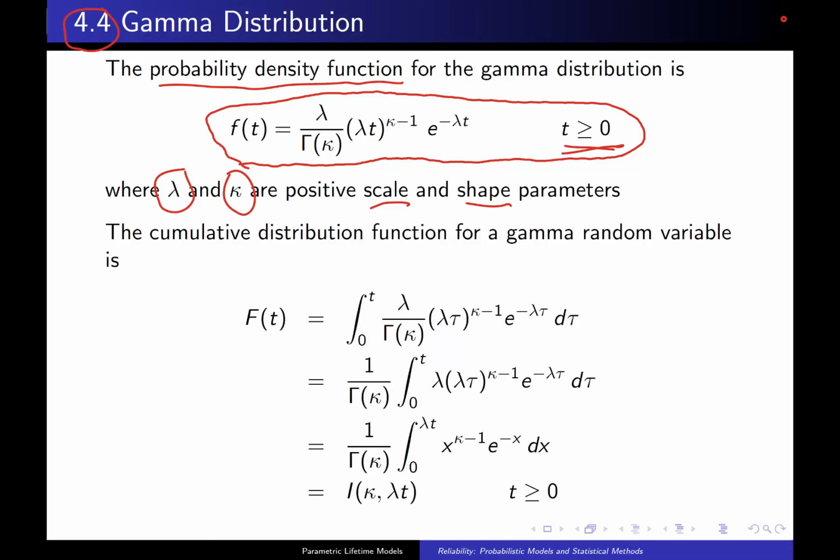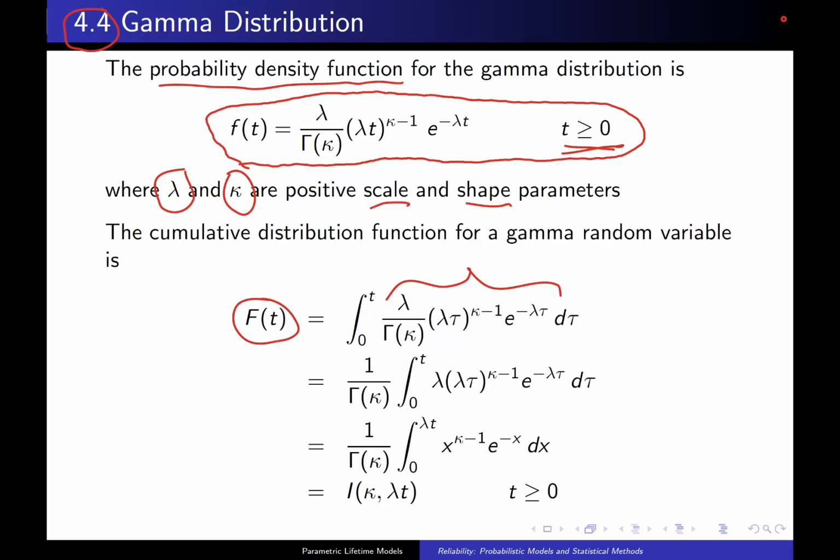The cumulative distribution function for the gamma distribution looks like this. Capital F of t is the integral from 0 to t of the probability density function d tau.